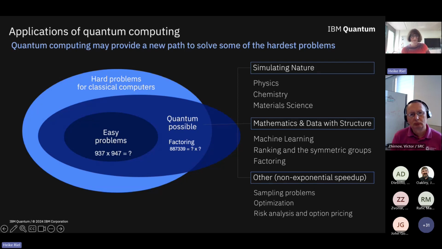There has been a quantum algorithm developed by Shor in 1994, which proved for the first time that quantum computers can theoretically be better than classical computers.